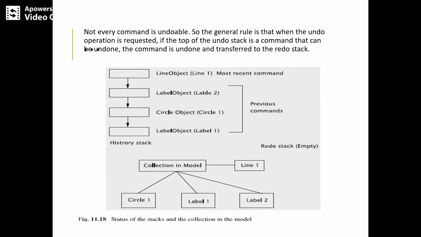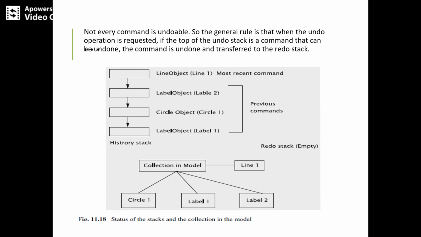So in this diagram, the line command object must be popped from the history stack and pushed onto the redo stack as the most recent command. The resulting configuration is shown in the diagrammatical representation of the next figure.